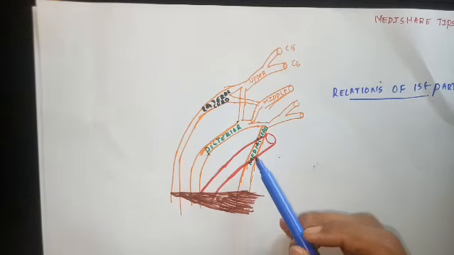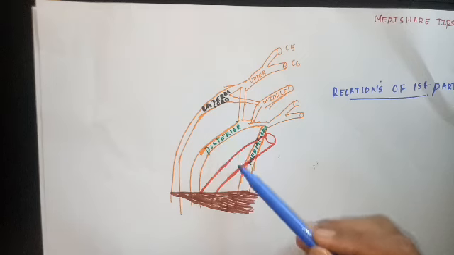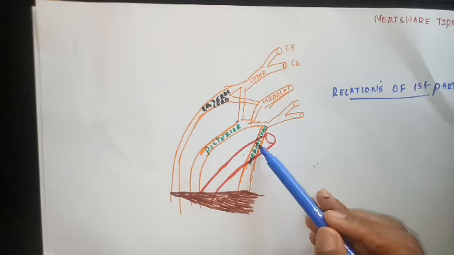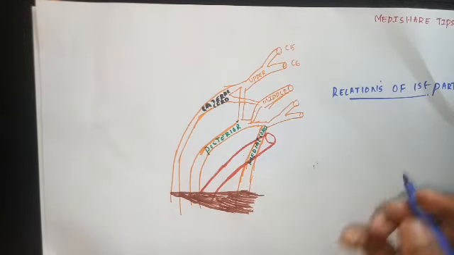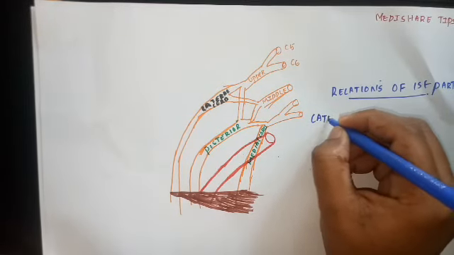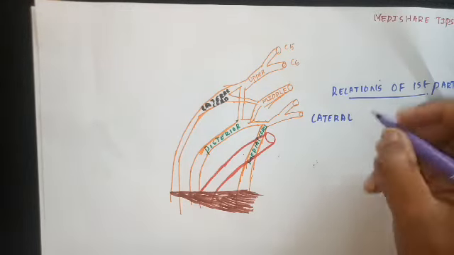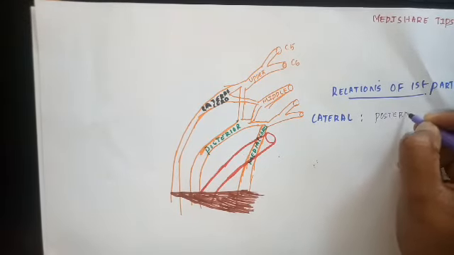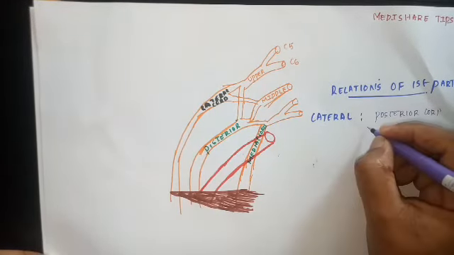So we will discuss about the relations of the first part of axillary artery. When you look at this picture, you can see that the lateral cord and the posterior cord of brachial plexus lie lateral to the first part of axillary artery, while the medial cord of brachial plexus lies posterior to the first part of axillary artery. So the lateral relations are the posterior cord and the lateral cord of brachial plexus.